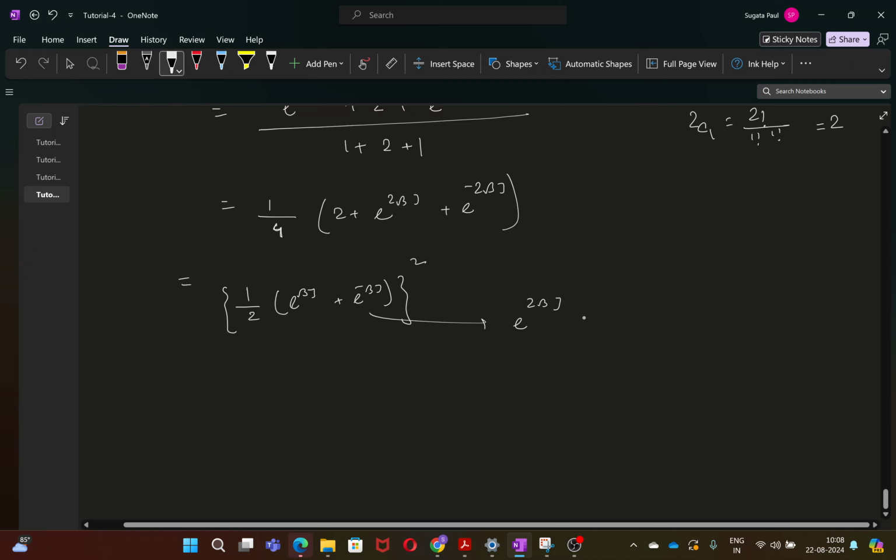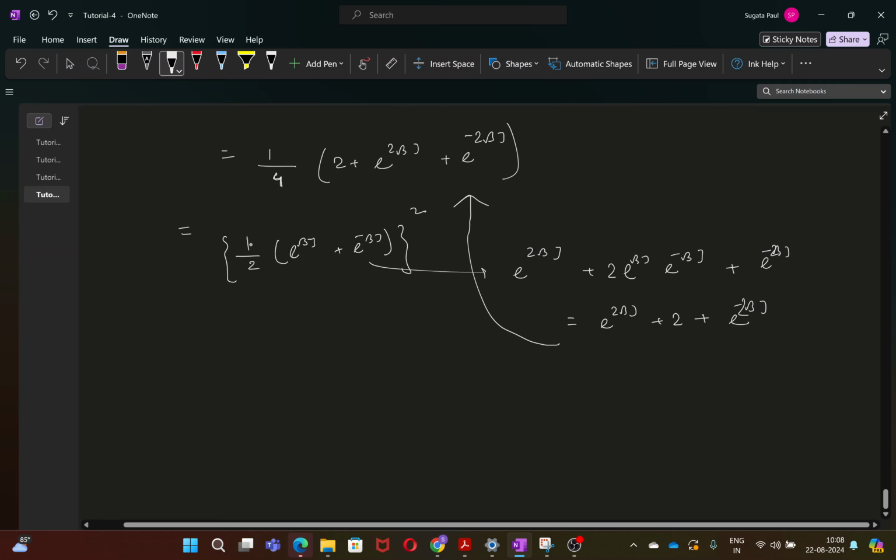So making e to the power of plus 2 beta j plus 2 times e to the power of beta j into e to the power of minus beta j plus e to the power of minus 2 beta j. So it is basically e to the power of 2 beta j plus 2 into 1, that means 2, plus e to the power of minus 2 beta j. So you are getting the expression of the n equal to 2 partition function as this.